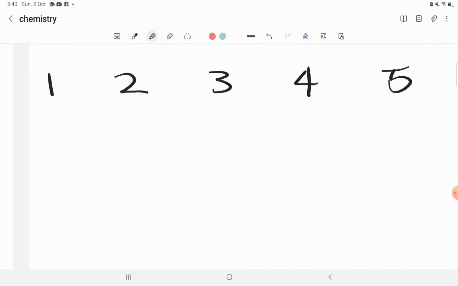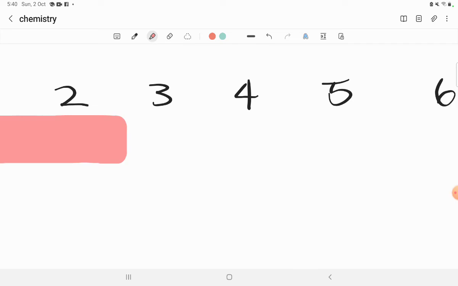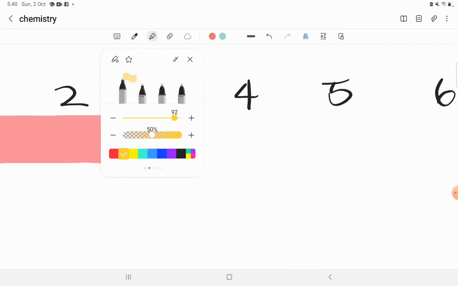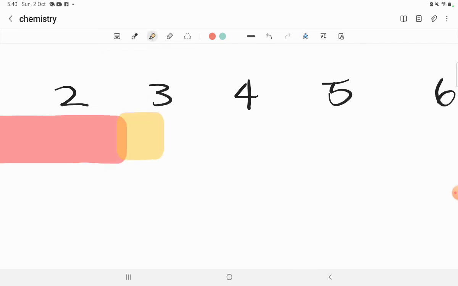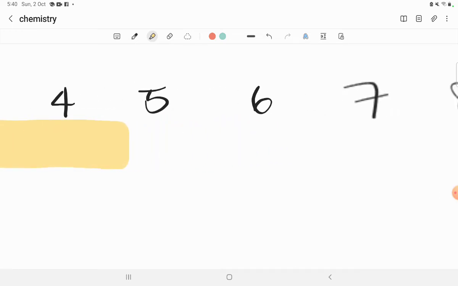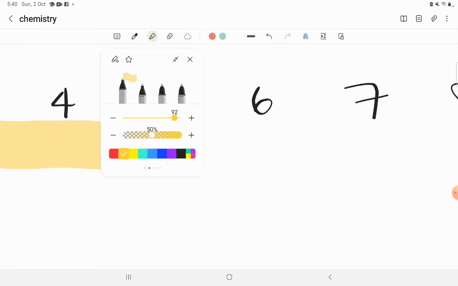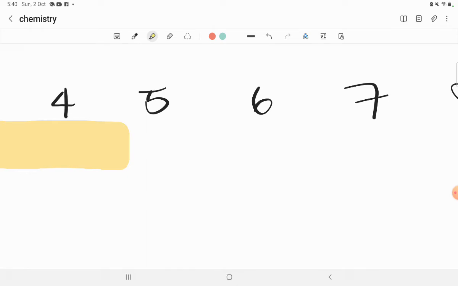If the pH level is between 1 and 2, the universal indicator will turn red. If it's from 3 to 4, it should be orange. Then 5 to 6, it will turn yellow.